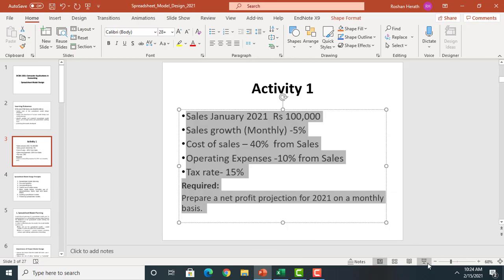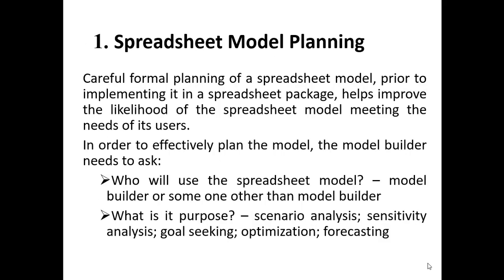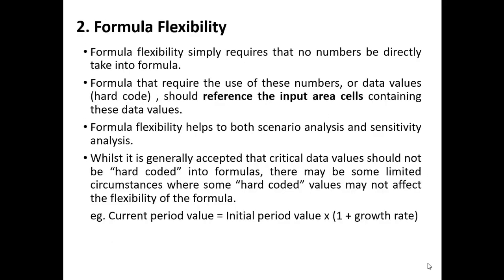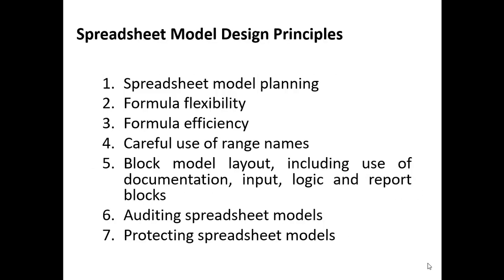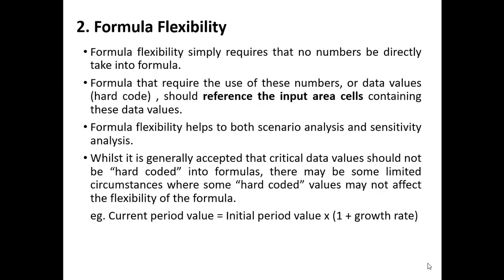Now let's move on to the second principle. It's about the formula flexibility. So when you come to the 7 principles, the second principle is the formula flexibility. We'll see what it is. The formula flexibility simply requires that no numbers be directly taken into formula.